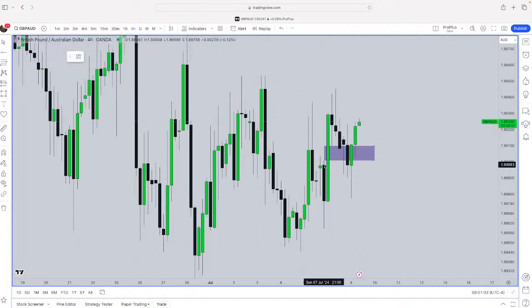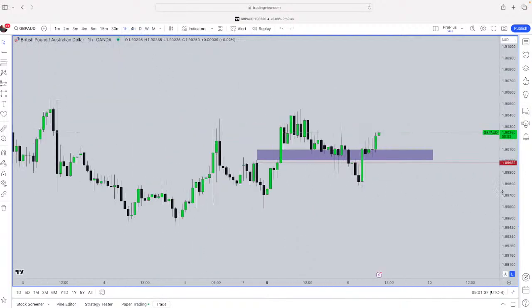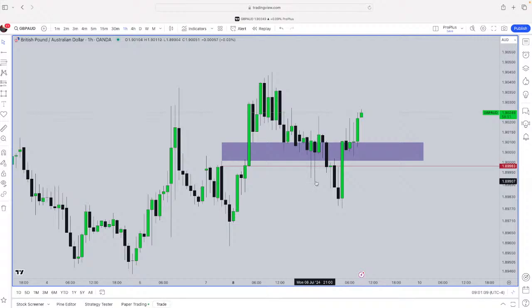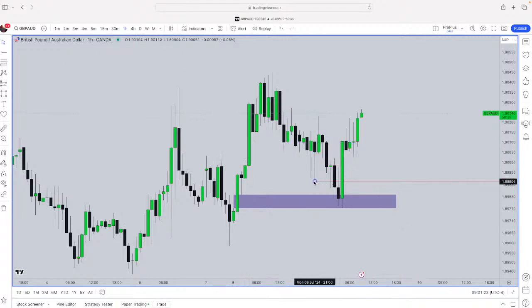But then you can say this is a bullish order block here. Going to the 1 hour. Sell side's been taken here. So sell side, and then fair value gap here, it's been respected. Here, so make it a little bit neater. Sell side, bullish order block, fair value gap.